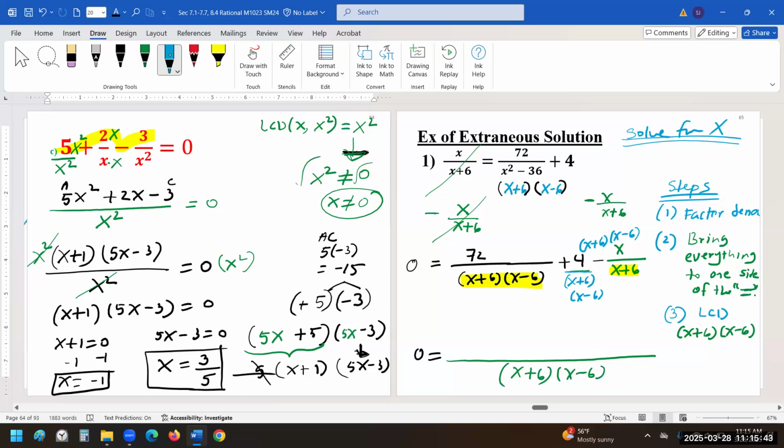Now, what we don't have on the third denominator? We already have x plus 6. What we don't have? X minus 6. So multiply numerator and denominator by x minus 6.